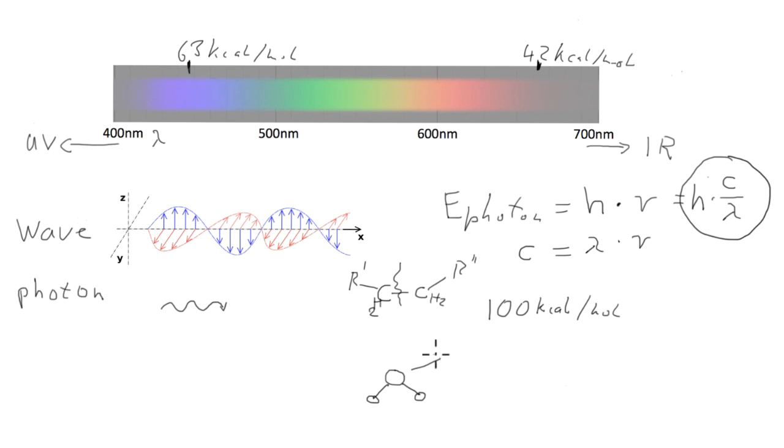You have translational energy, vibrational energy from the bonds moving, rotational energy, and so on. These molecular motion energies at room temperature are on the order of about 1 kcal per mole, which is substantially smaller than the energy contained in a photon.